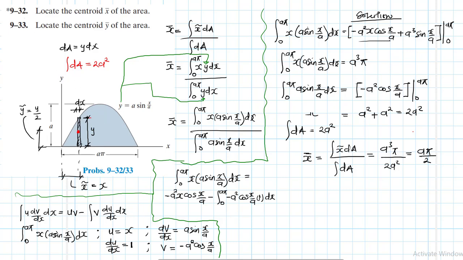All right, so we found one answer, let me write it somewhere here. X bar is equal to a pi divided by 2. Because this and this cancel, we will just remain with a there, right? So a pi over 2.